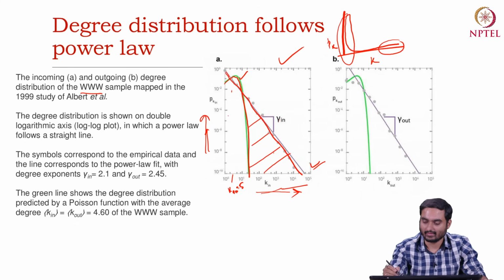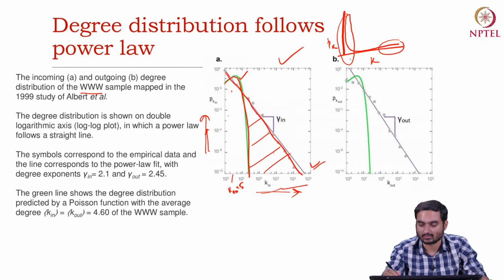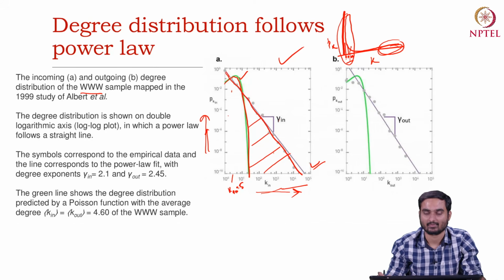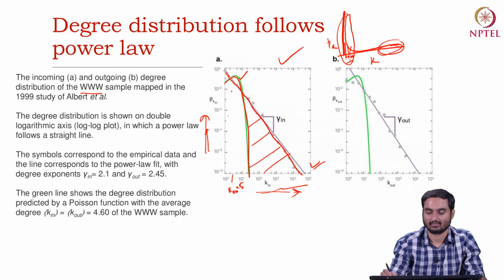It means that most of the nodes, if you think of these points, these k's, k could be 0, 1, 2, 3, but here k could be say 100, 200, something like this. It basically says that most of the nodes in a graph have lesser degree, and there are very few nodes which have higher degree, right?